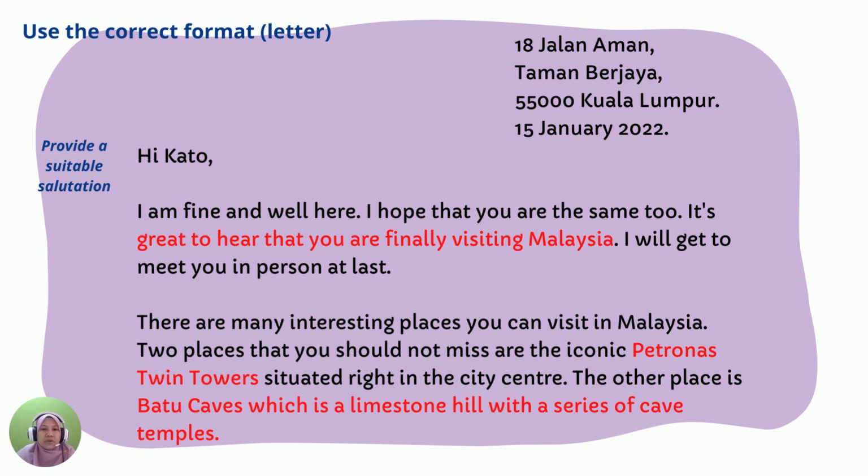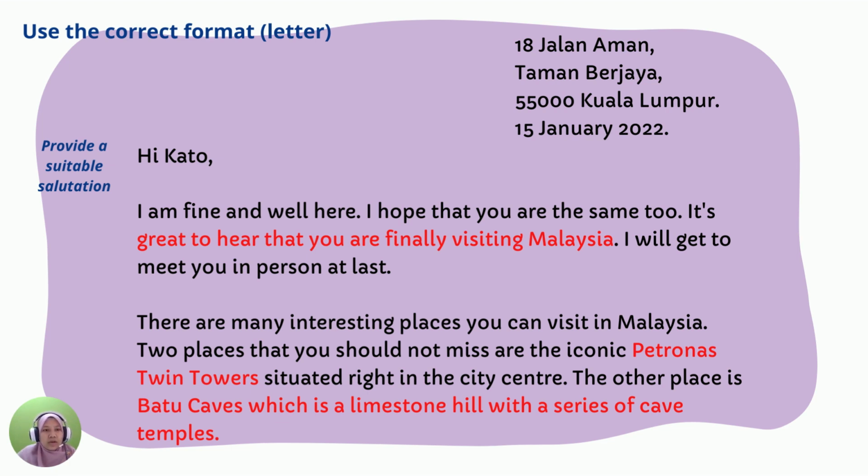Alright, so in a letter, we have to use the correct format. For example, 18 Jalan Aman, Taman Berjaya, 55000 Kuala Lumpur, 15 January 2022. First thing, provide a suitable salutation.